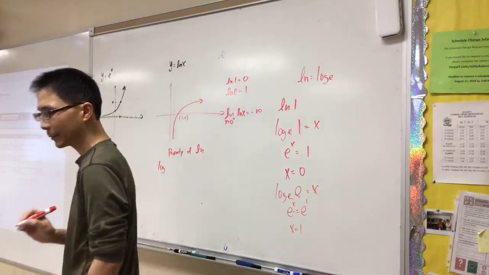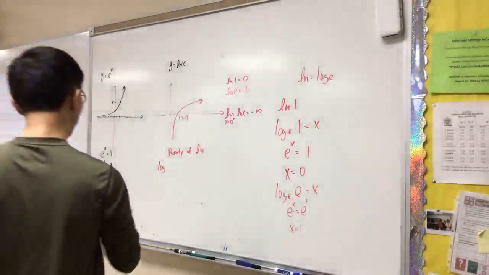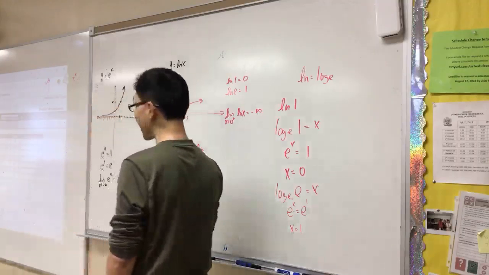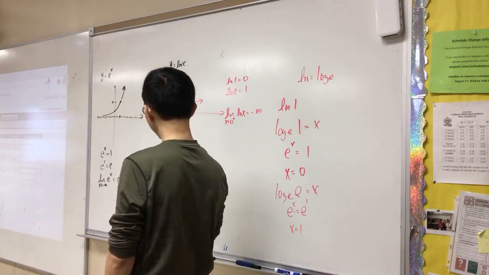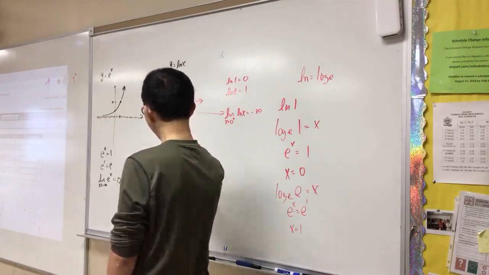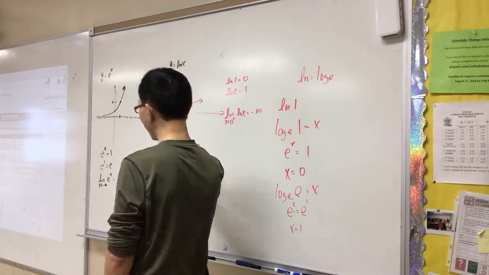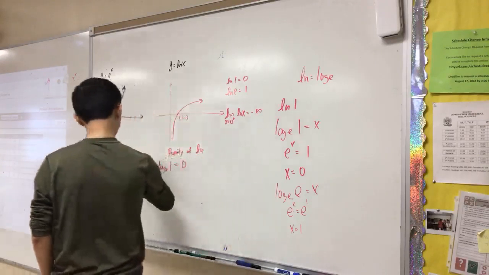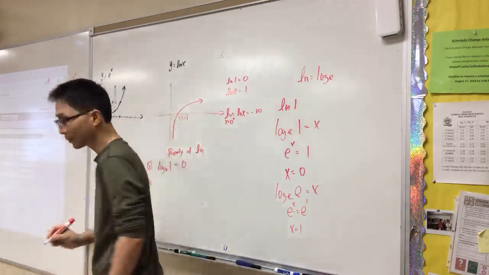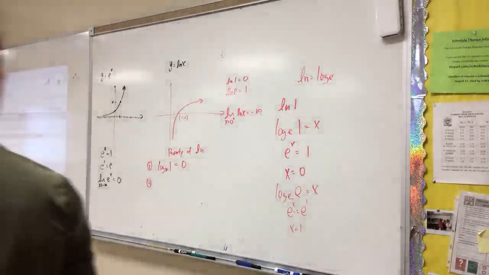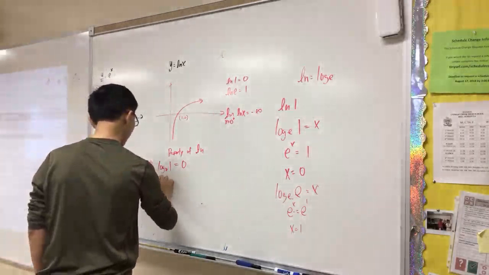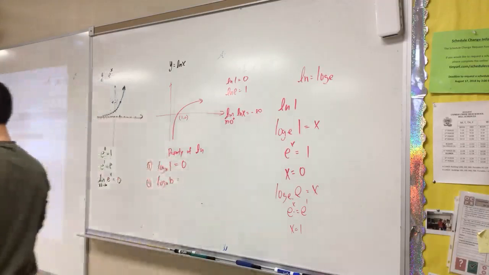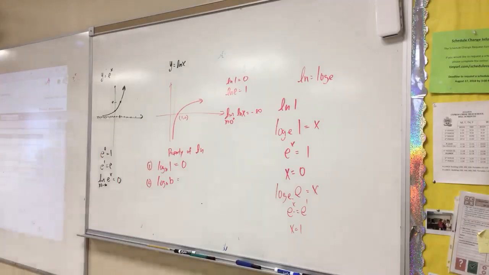If I have log base b of 1, so any base, what do you think that's equal to? B to the which power is equal to 1? 0. Has to be 0. Okay, so that was the first one. The second one, that's also very, very important, is log base b of b. What do you think log base b of b is? 1. For sure.